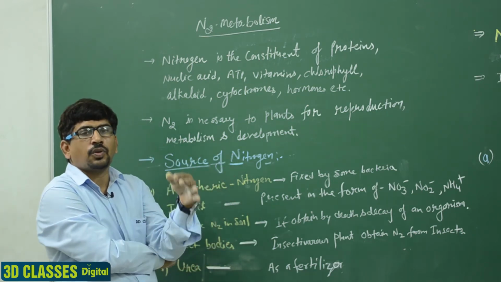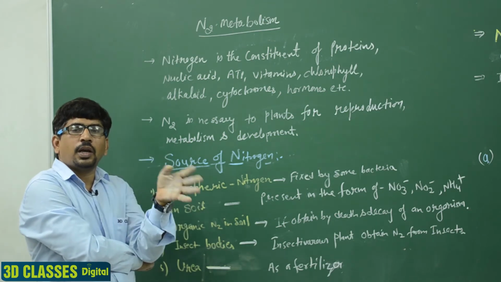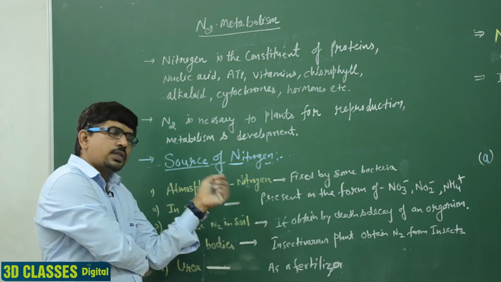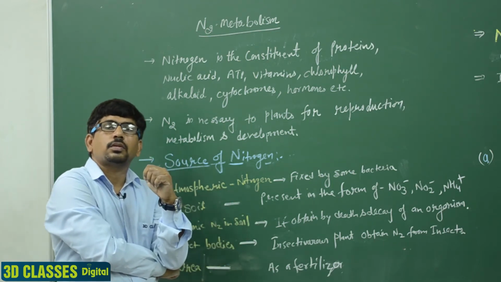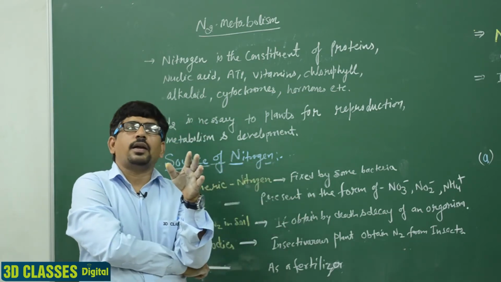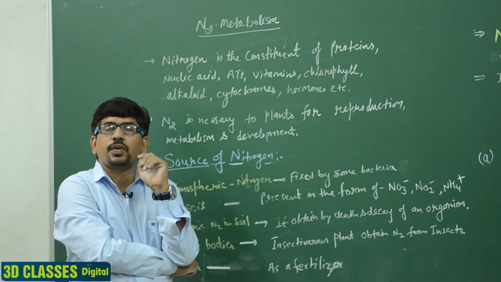These ions are dissolved in the water and present in the soil, and ammonia is released into the atmosphere. So in this form, insect bodies, when the organisms die, they release the nitrogen in the soil and atmosphere.